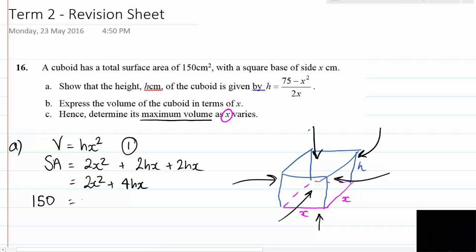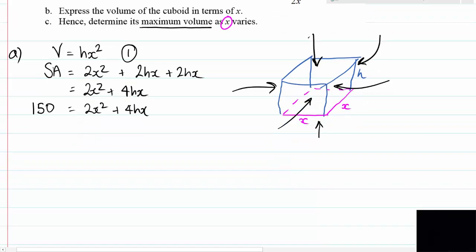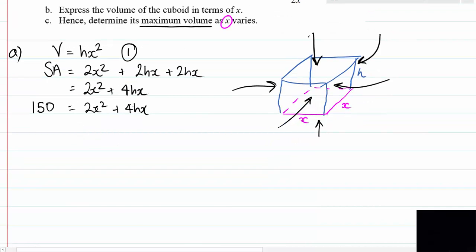So I can write down 150 equals 2x squared plus 4hx. And simplifying this now to write it in terms of h, I'm going to take away the 2x squared, swap the sides at the same time to give me 4hx equals 150 minus 2x squared.